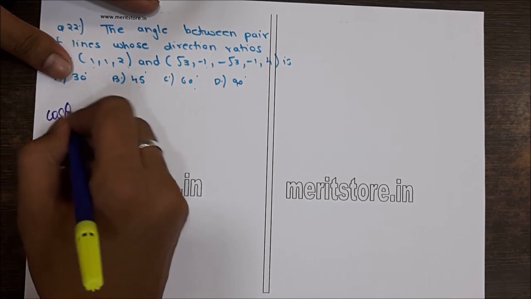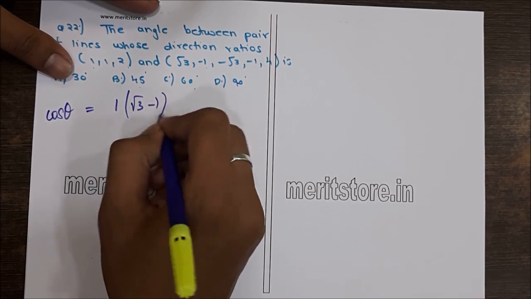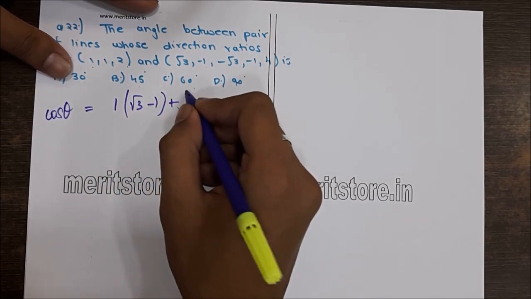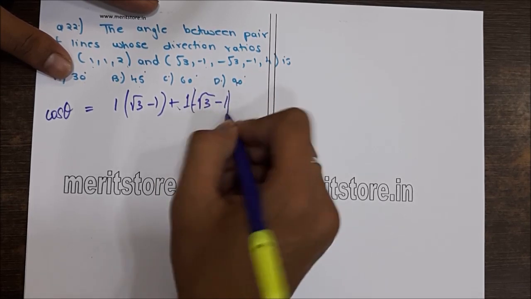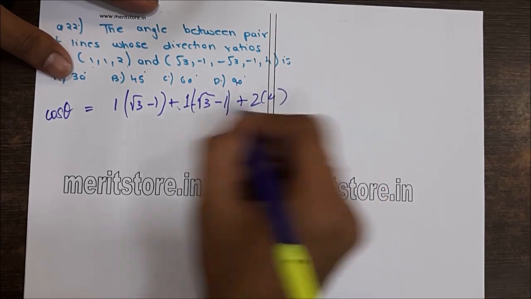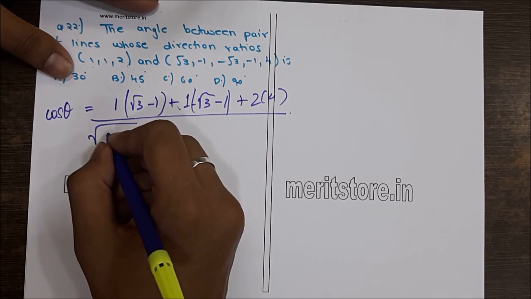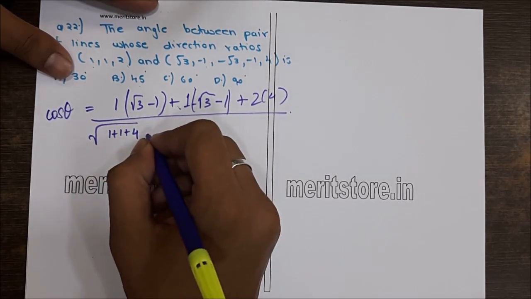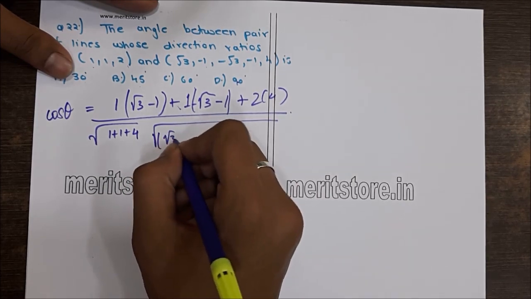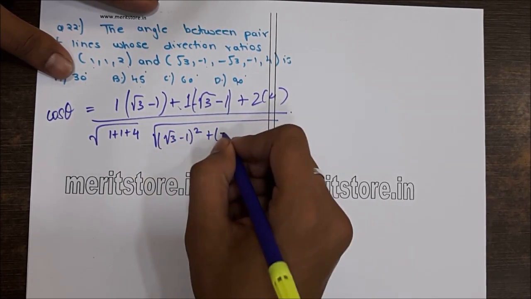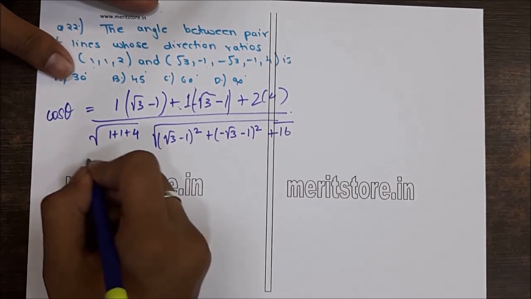So we'll get cos theta is equal to minus root 3 minus 1 plus 2 times 4 divided by root of 1 plus 1 plus 4 into root of root 3 minus 1 the whole square plus minus root 3 minus 1 the whole square plus 16.